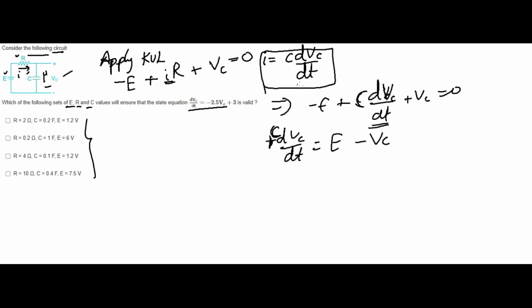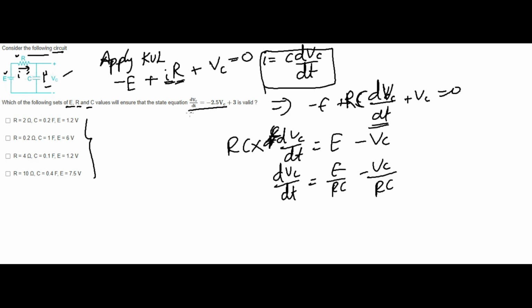One more thing, R is also available, which we forgot, so RC is there. So I can write RC into dVc by dt is equal to E by RC minus Vc by RC. That's very simple.